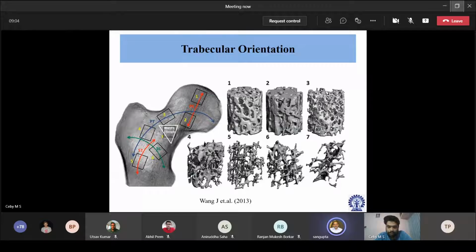You can consider it as a cell, a unit volume of bone, and how it is oriented is the trabecular orientation. That is why the other name for cancellous bone is trabecular bone. Trabeculae is a unit volume, like singular and plural.